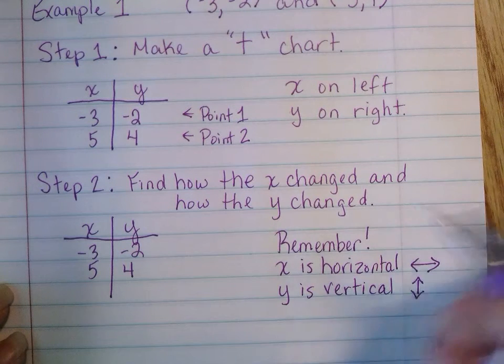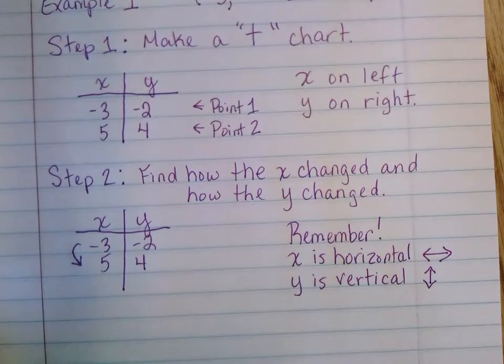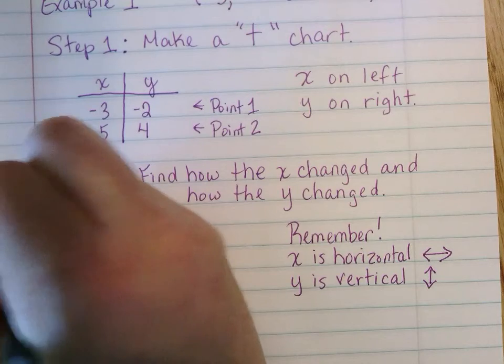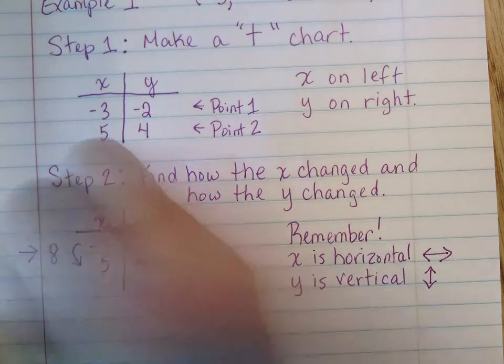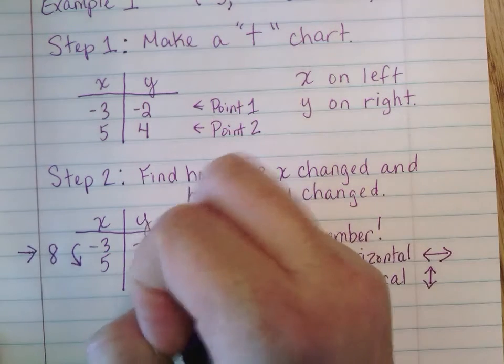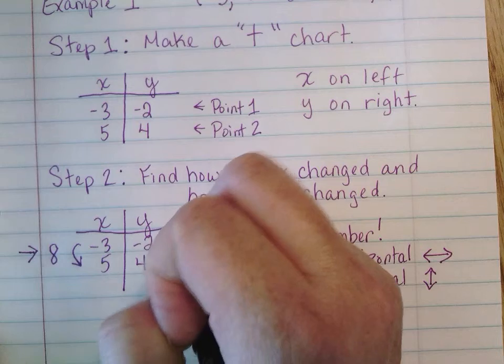So let's start with the X's. From -3 to a +5, that is an increase, so we're going in the right direction. How many units? Well, my friends, 8. The change in X was 8 units to the right. For the change in Y, if you're at -2 and you go to a +4, that is an increase.